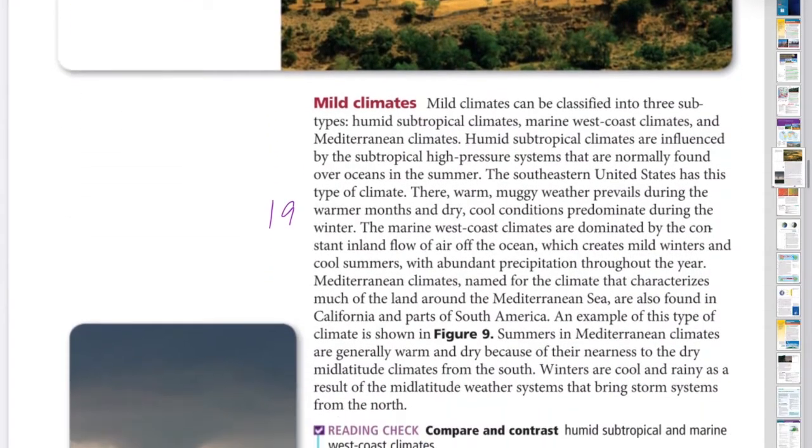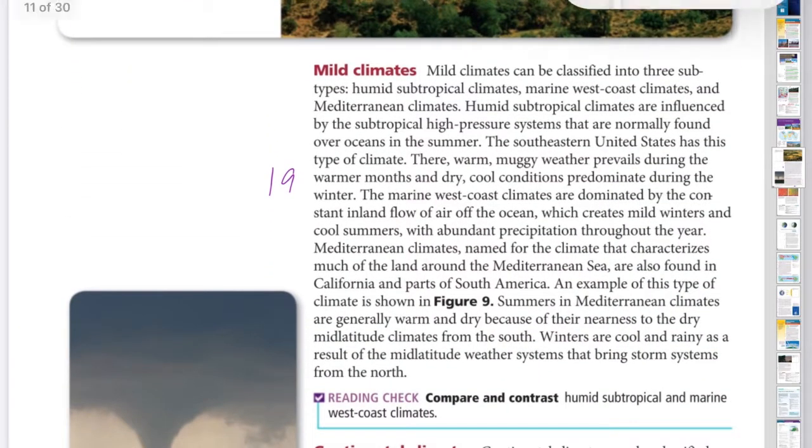Mild climates. So mild climates can be classified into three subtypes. You have humid subtropical climates, you have maritime west coast climates, and you have Mediterranean climates. Humid subtropical climates are influenced by the subtropical high pressure systems that are normally found over oceans in the summer.